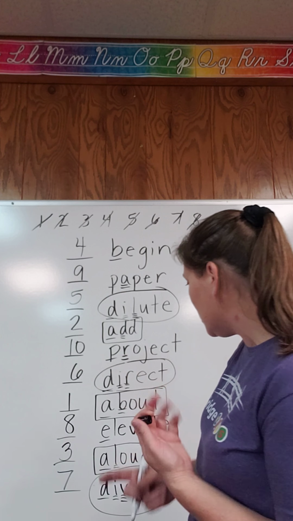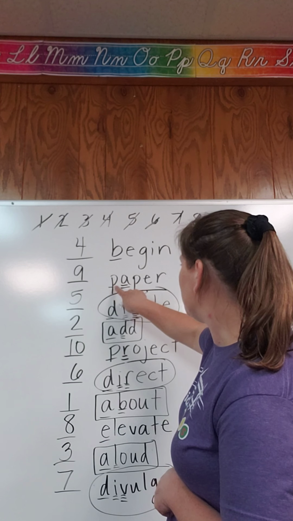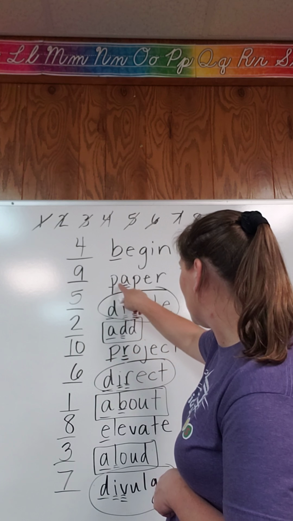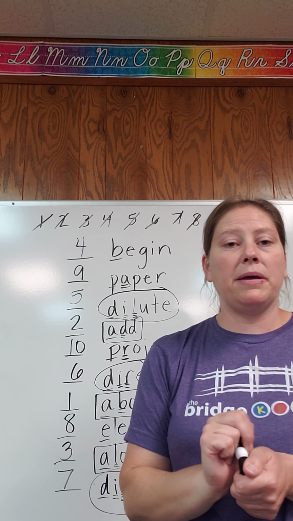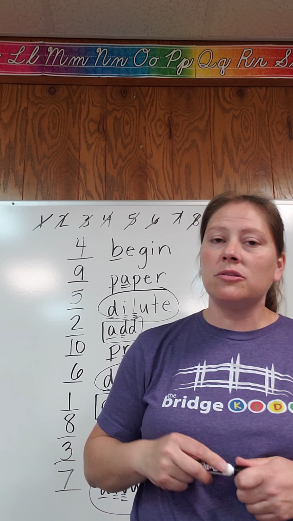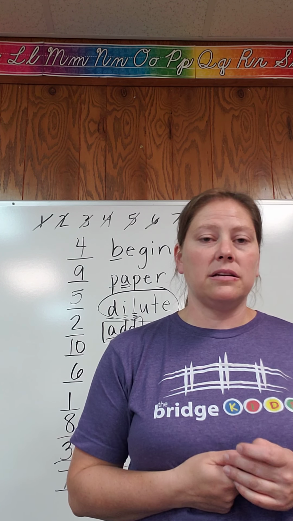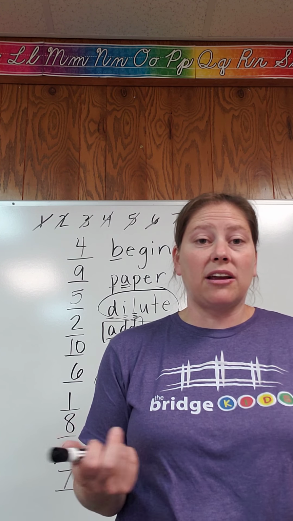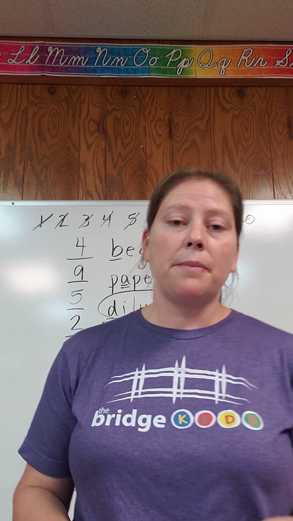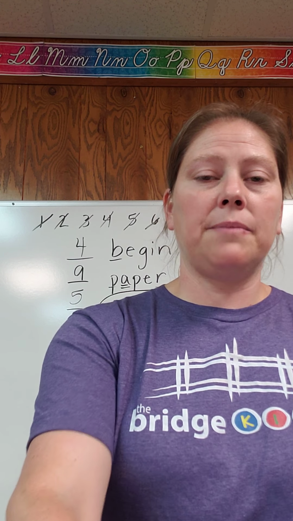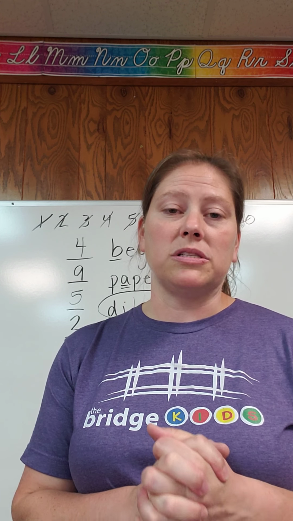Those are in order. 8 is an E word. 9 is P-A, 10 is P-R, P-A comes first, so those are in order. So remember that strategy. I know it's time consuming and it takes a while when there are more words that start with the same first, second, or third letter, but this is the process you need to go through in order to not mess those up. Okay, I will do a separate video for the final stable syllable lesson.